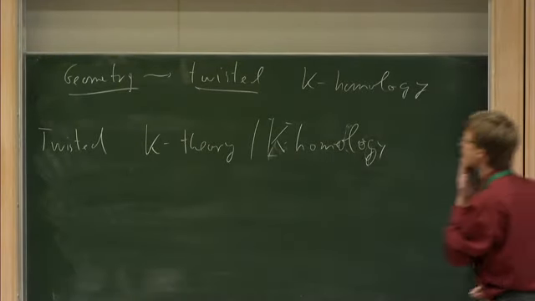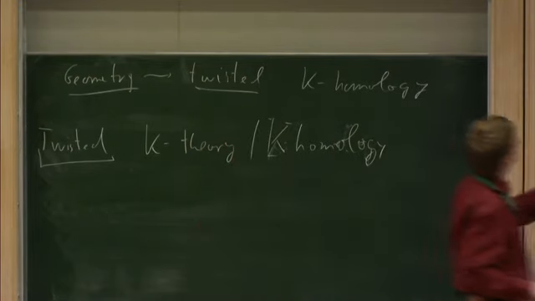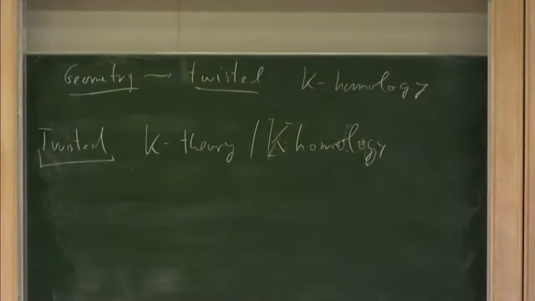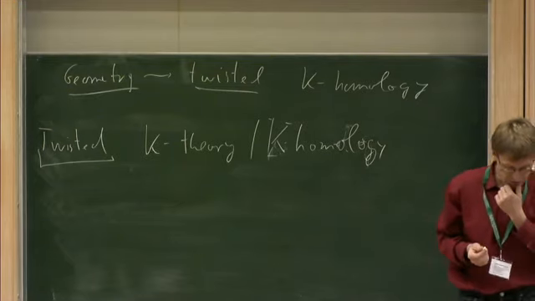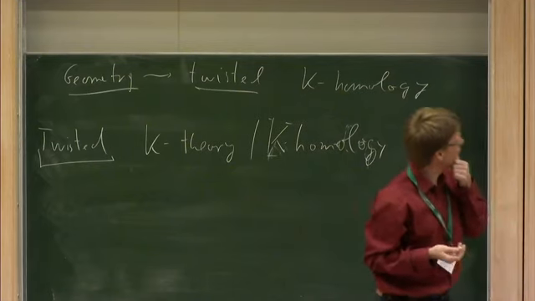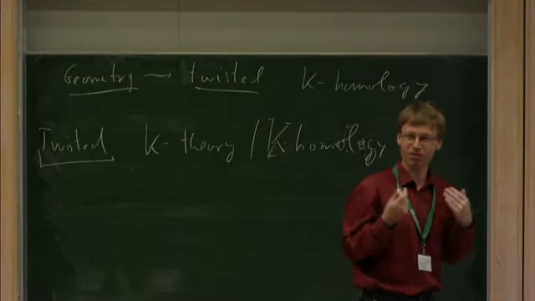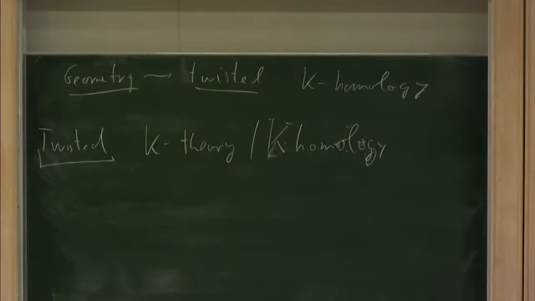Okay, so we need these twists, and then we need these groups. So let me see. X is a space. A really nice space, like a manifold or CW complex, or maybe just a topological space in the end. I'm a topologist by upbringing, so I'm allowed to talk about topological spaces.